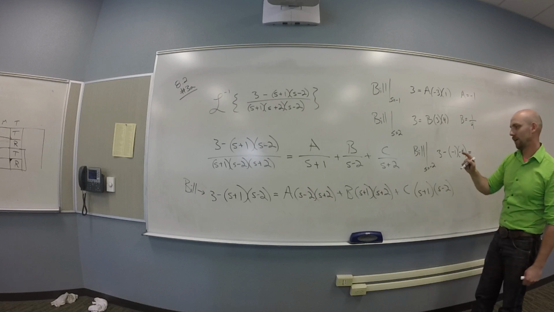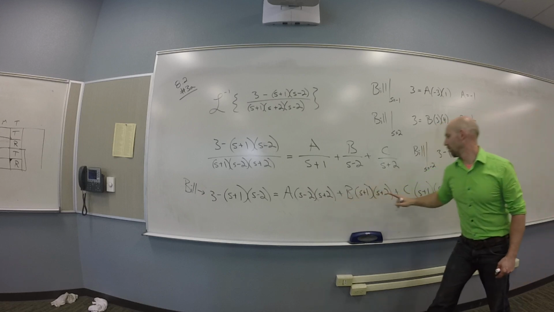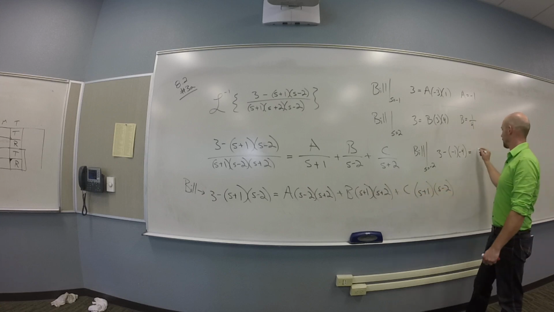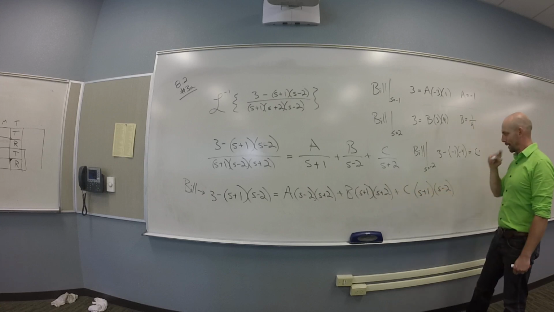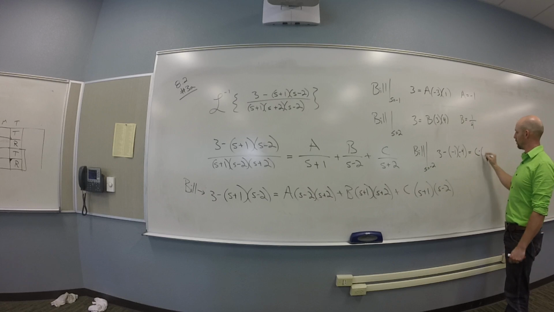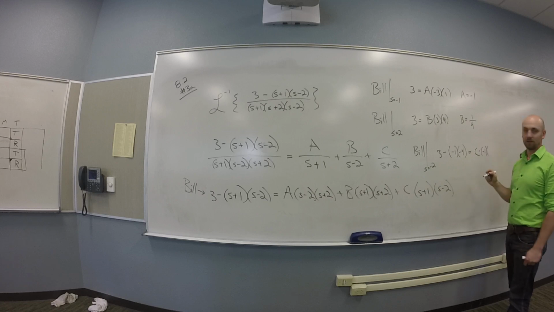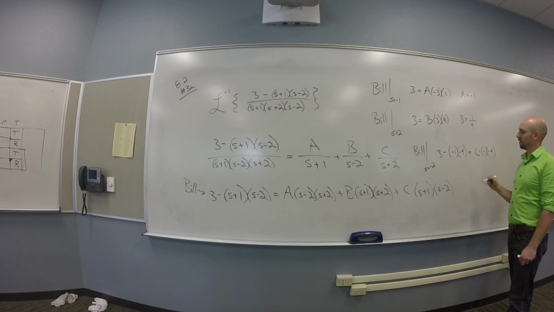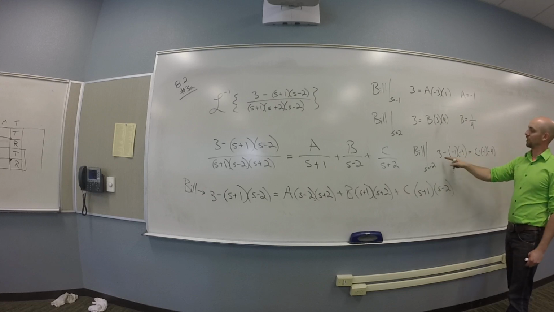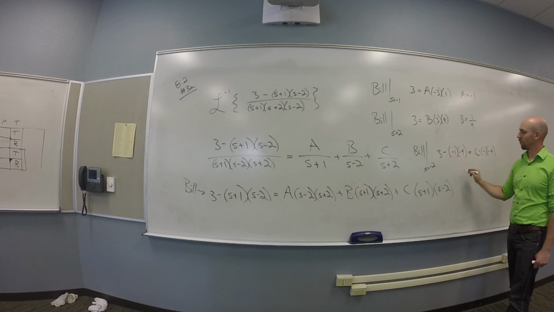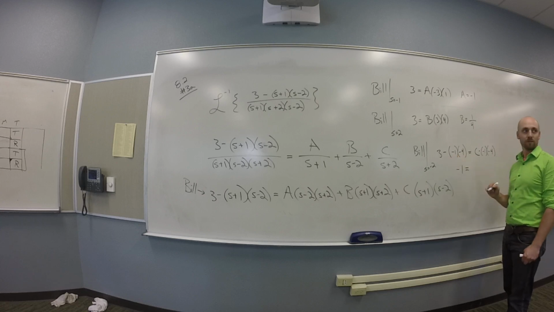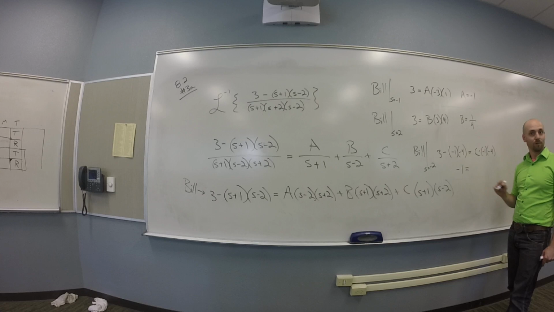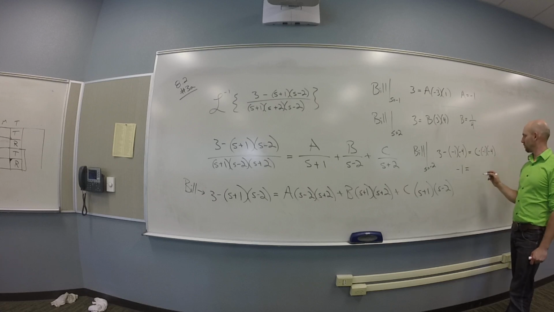On the other side, you get 0 and 0 and C times -2 plus 1 is -1, times -2 minus 2 is -4. So over here I got 4C.